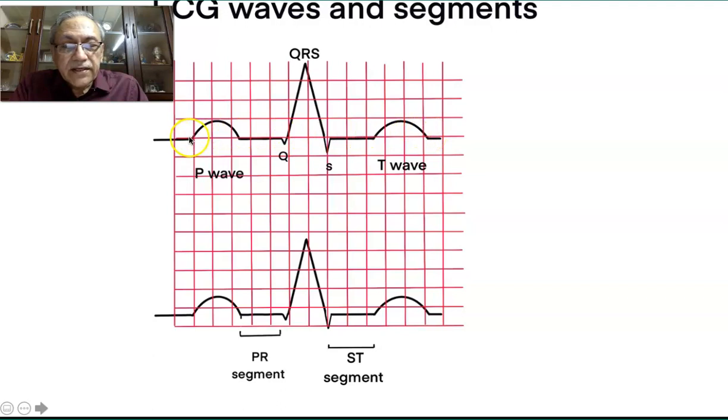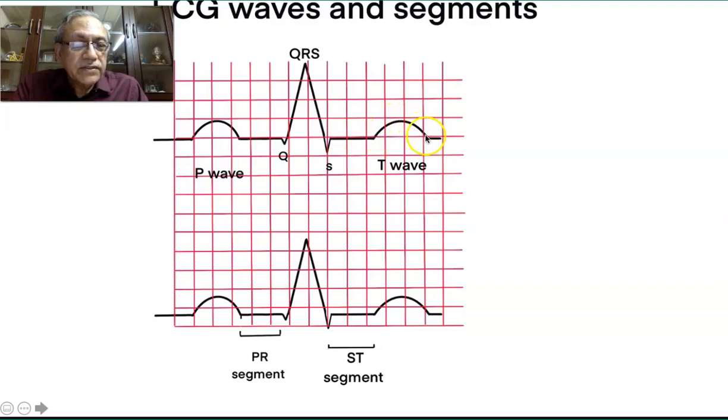Now the electrical activity of the atria produces the P wave, then the current goes on to the ventricle, produces the QRS complex, and this is because of the depolarization of the ventricle. Now when the repolarization occurs, this produces a wave which is called the T wave.